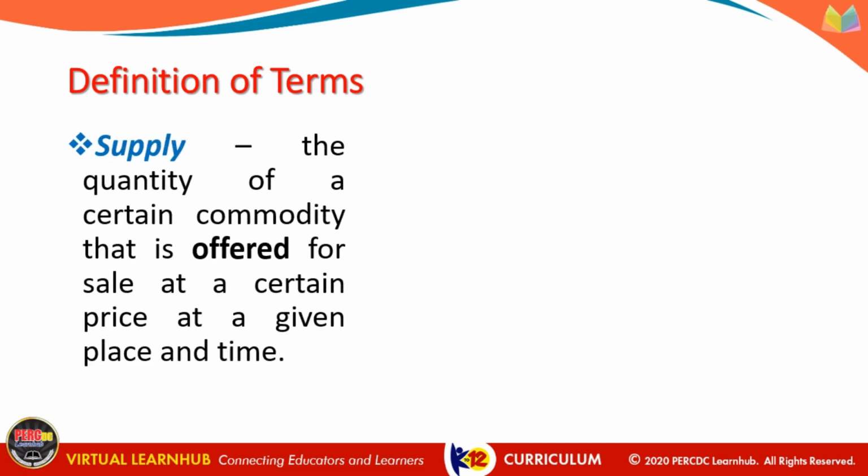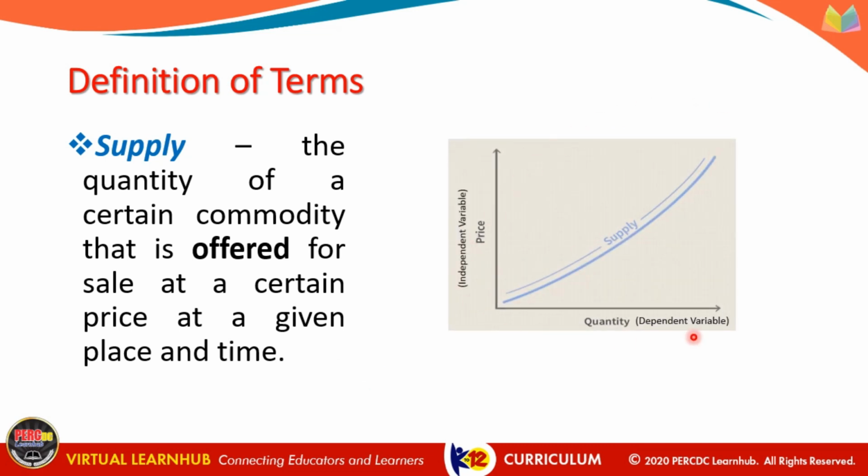Next, we have supply. Supply is the quantity of a certain commodity that is offered for sale at a certain price at a given place and time. We have here our supply curve. Just like in the demand curve, the price is our independent variable and the quantity for the supply is our dependent variable.